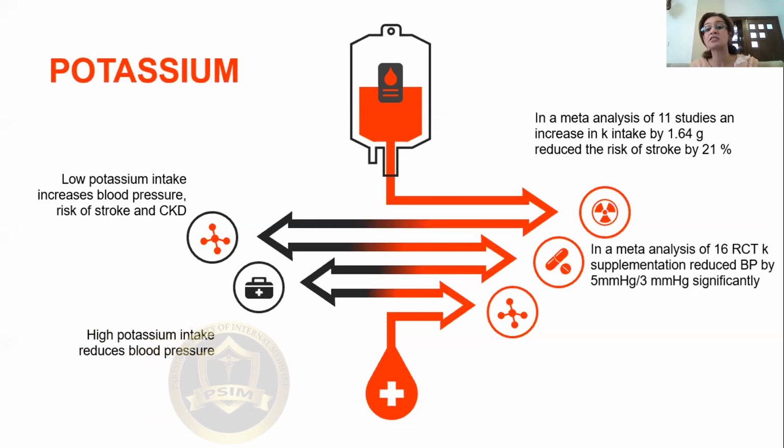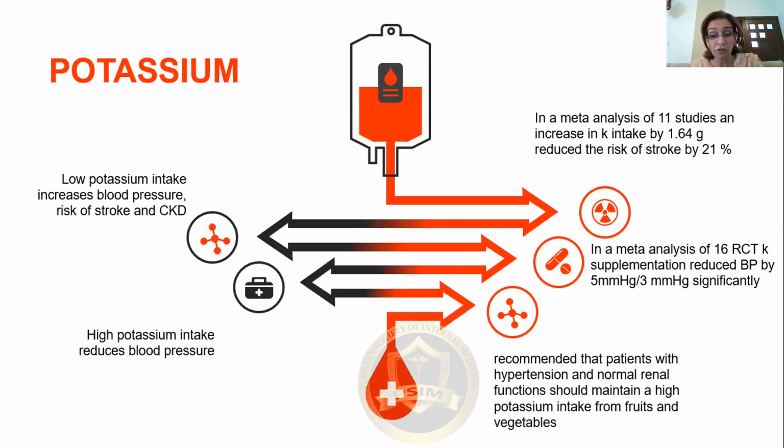And again, supplementation to maintain the RDA, because most of us are not having enough, reduced blood pressure by 5 to 3 millimeters significantly. So it is recommended that patients with hypertension who have normal renal function, not at risk for hyperkalemia, should maintain a high potassium intake from fruits and vegetables, that is, through the diet alone.